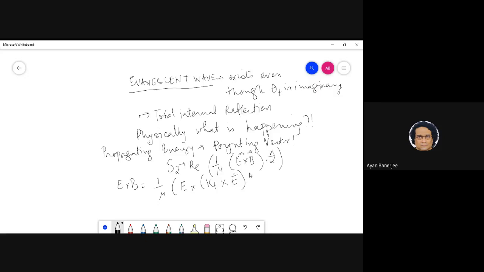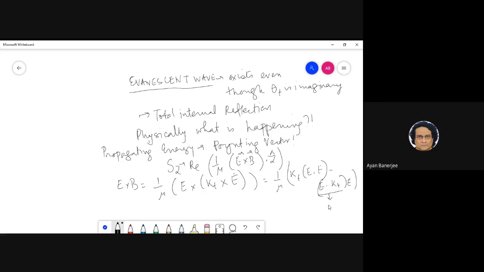Is that fine? 1 by mu, KT (E dot E) minus E (E dot KT). Fine. A cross (B cross C) is B (A dot C) minus C (A dot B), correct? What is E dot KT?